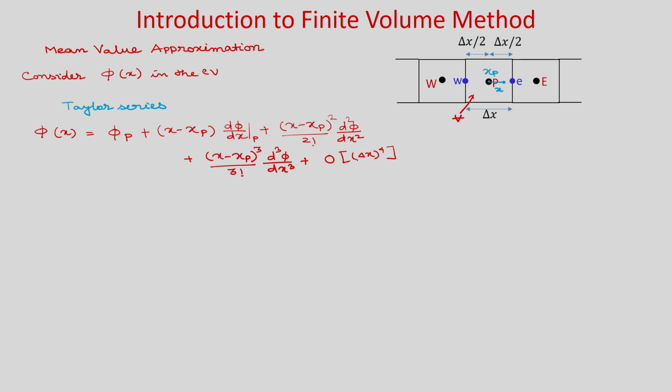If you neglect the other higher order terms, then it will be order of delta x to the power 4. So, now let us integrate this function in this control volume.